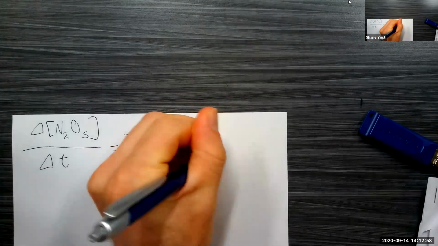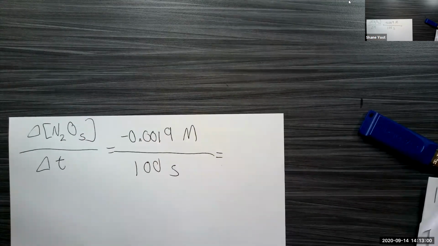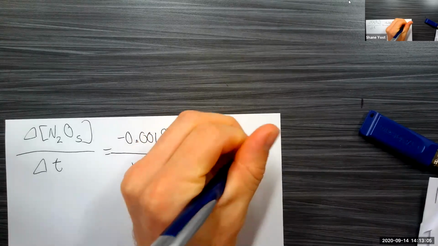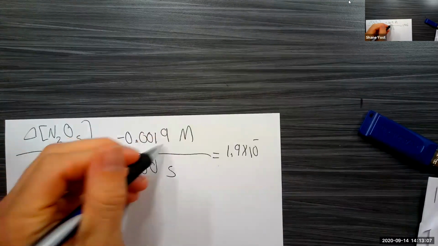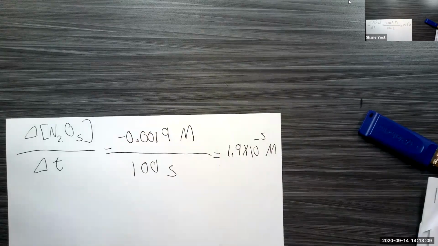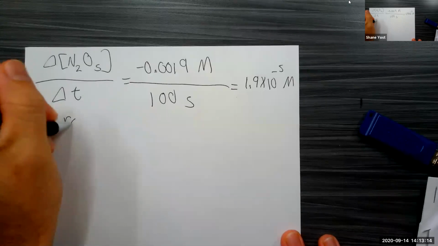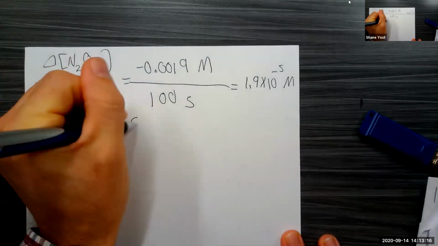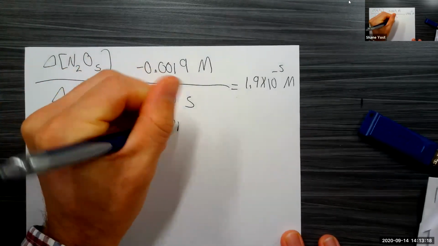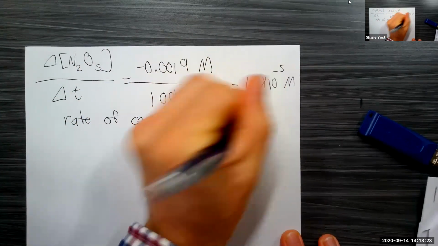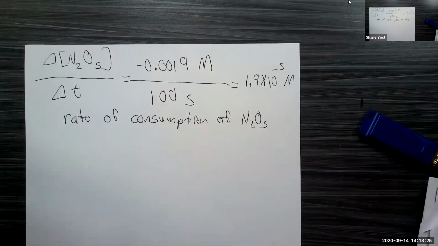So this rate of consumption of N2O5 is 1.9 times 10 to the minus 5 molar per second. That is my rate of consumption of N2O5, and that's how we describe it. That's how we talk about it.